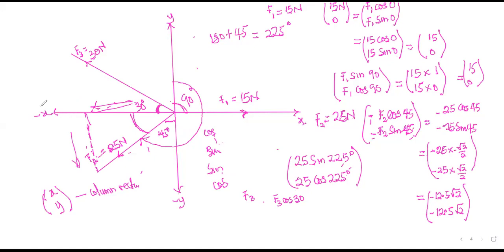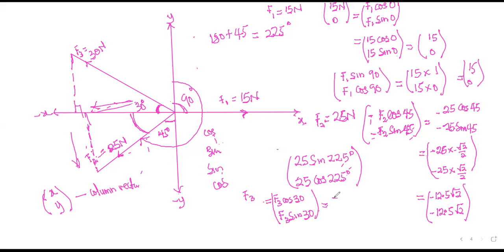Over here, x is negative. So minus that. Then the y component will be F3 sine of the same angle. Within this quadrant, the y component is positive.